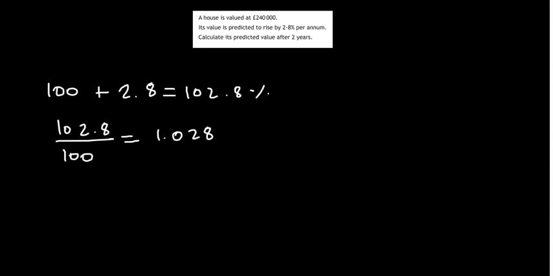And then we just go ahead and multiply that by 240,000. So it would just be 240,000 times 1.028 to the power of 2. And that gives 253,628.16.